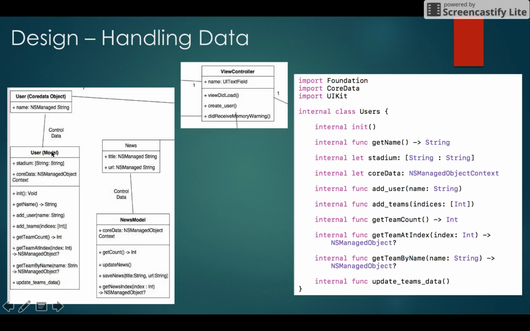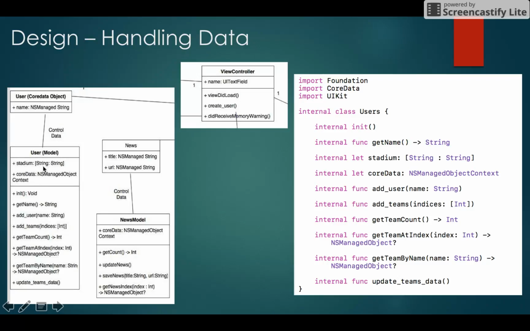And then I have the user model right here. The user model is a very important class in my application because it will handle a lot of data in my app. So the user model class will have a stadium, which is a dictionary object.